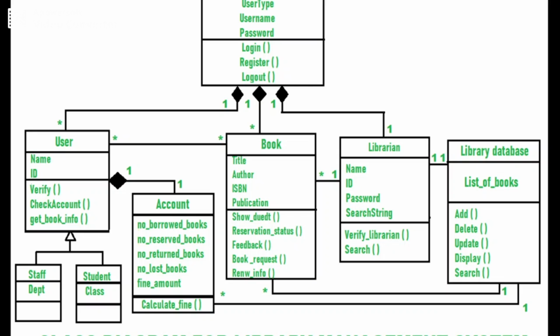Then library database and book, can you see 1:n? Each library database will have the records of all the books, n books. Library database and account, that also 1:n. Then I have left book and the librarian, n books and one librarian.